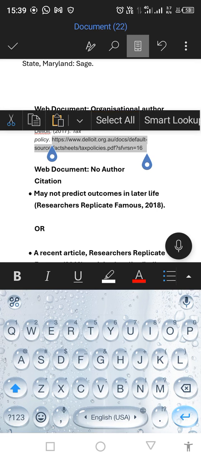Assuming I want to look up this particular article online, note this article is not real and this link is not real, I just put it there. All I need to do is copy the URL and paste it online, and this particular article is going to pop up for me.